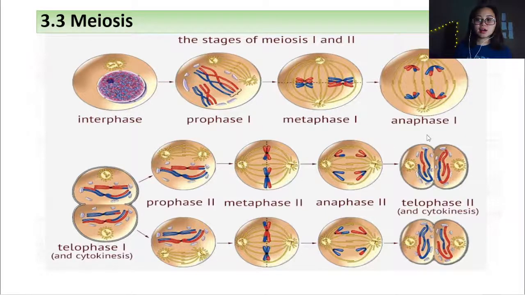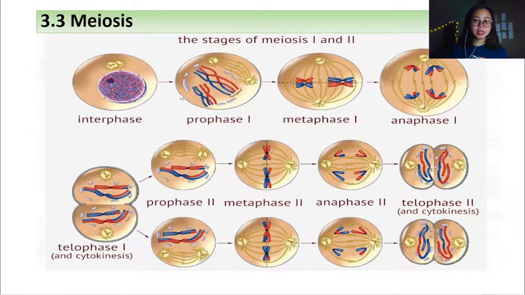Okay, so these are the stages of meiosis 1 and 2. Starts with interphase, goes until anaphase 1, from telophase 1 into 2 copies. Okay. So, if you need time to catch up, you can pause the video here, have a look at this diagram before we move on. If you're ready, press play, and we're going straight into this one.